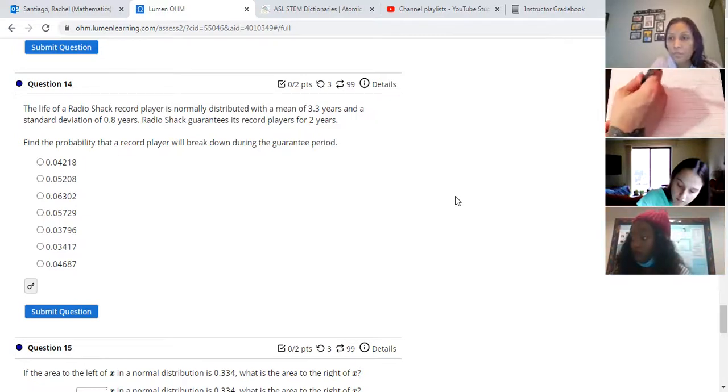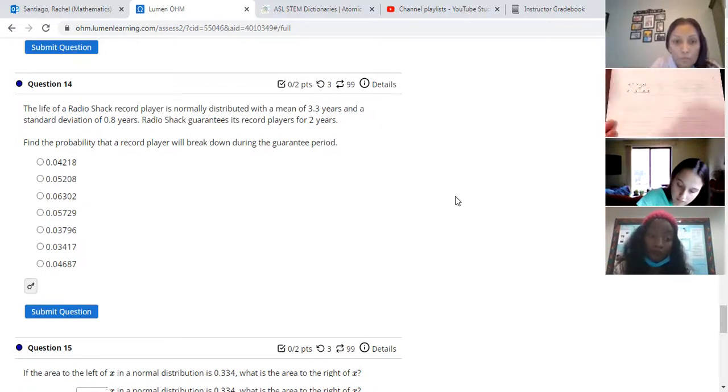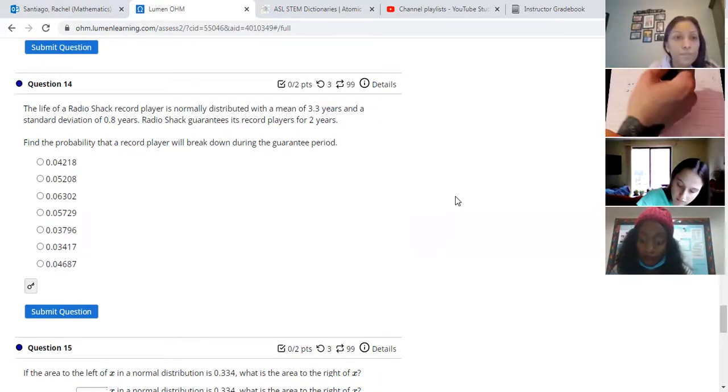So we're going to write 2 minus the mean, 3.3, and the standard deviation is 0.8. So we do 2 minus 3.3 divided by 0.8. That gives us a z-score of negative 1.63.